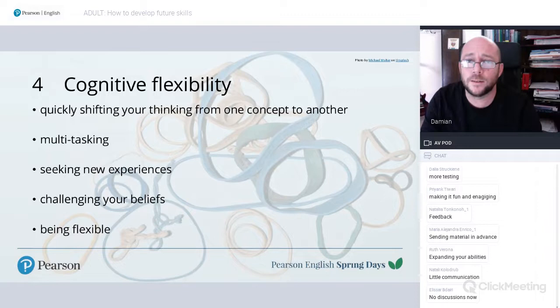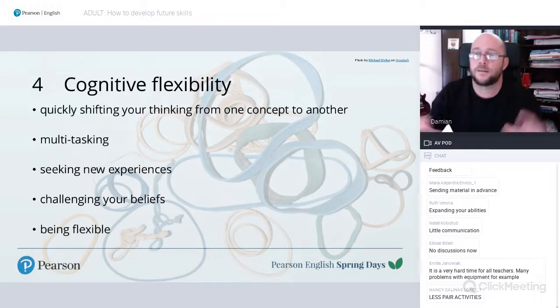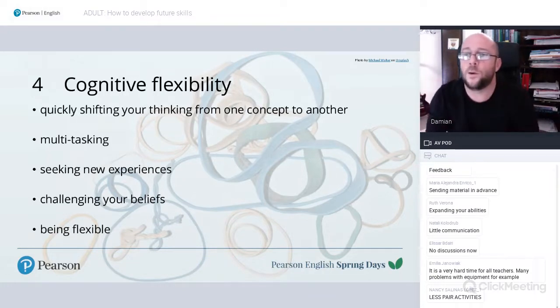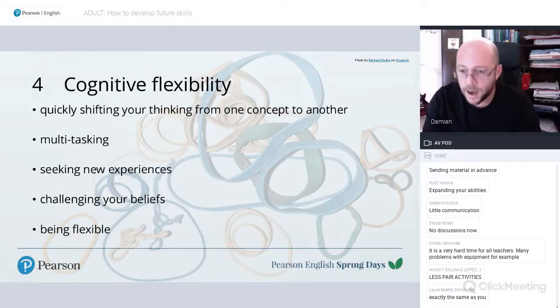However, online I'm doing quite a bit more whole class discussion because we have this group rapport, especially when you use something like Zoom and you can see people coming up as they speak.